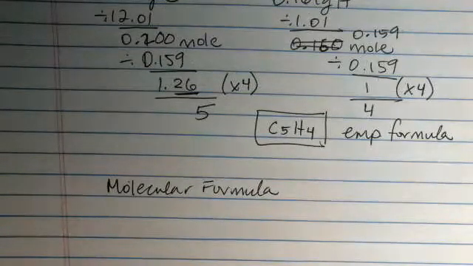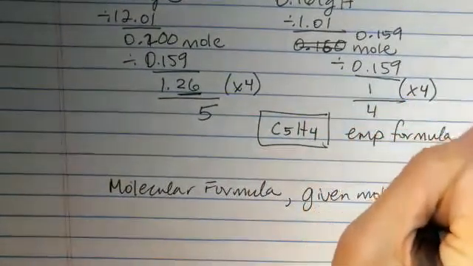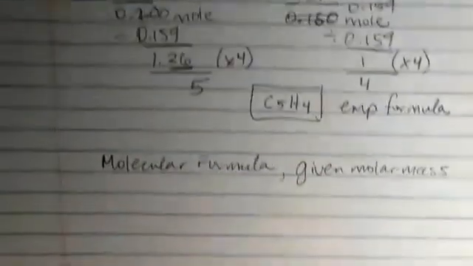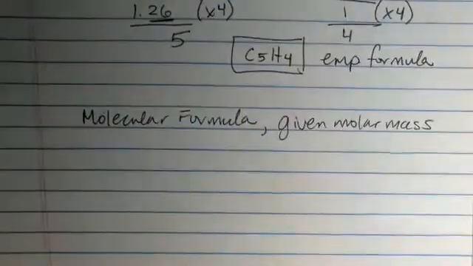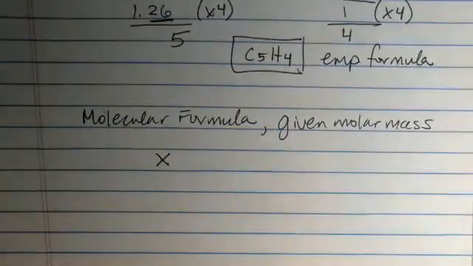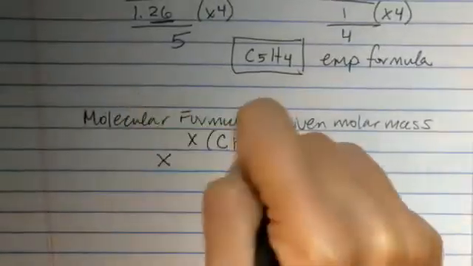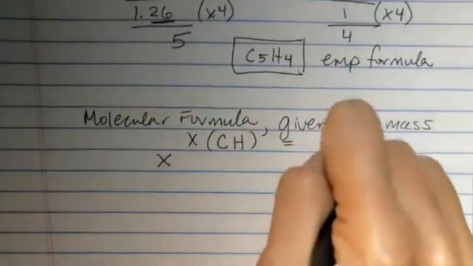Now, the only way to know that is you would have to be given the molar mass of the molecular formula. It has to be given because you don't know what the molecular formula is. So when you're thinking about that repeating factor, which I'll just call X, right? So CH for the benzene times X gets us to C6H6.